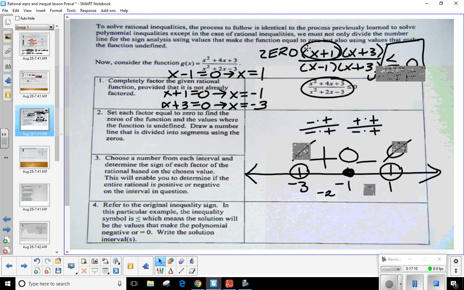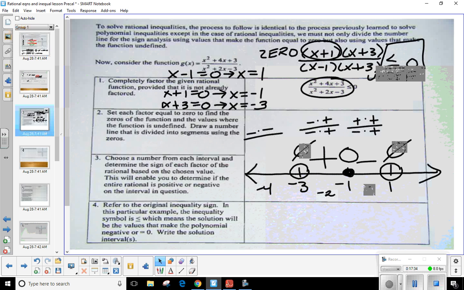Okay. Zach, I need something less than -3. -4, perfect. I'm going to take that value I chose, and let's plug it in again. -4 plus 1. That's definitely a negative. -4 plus 3. It's another negative.